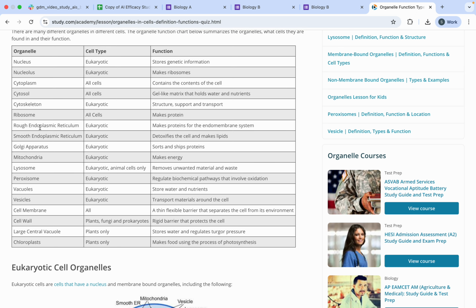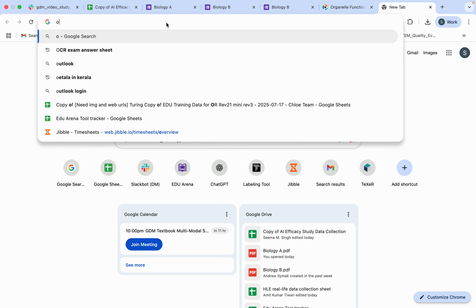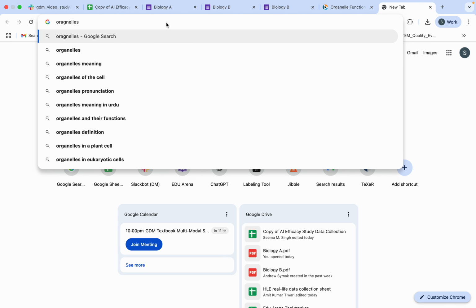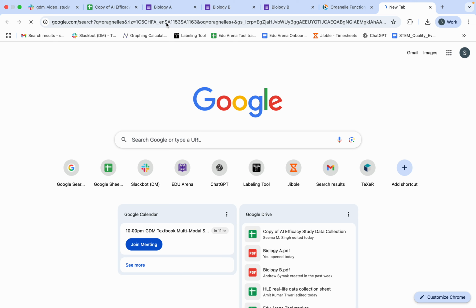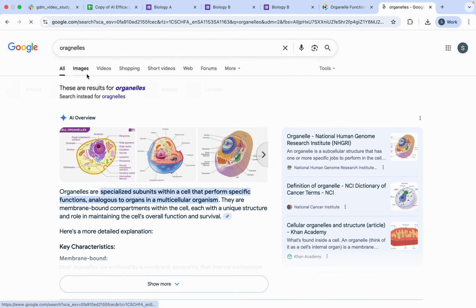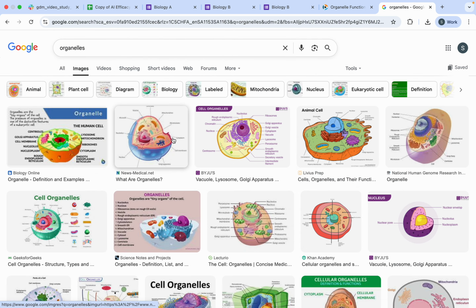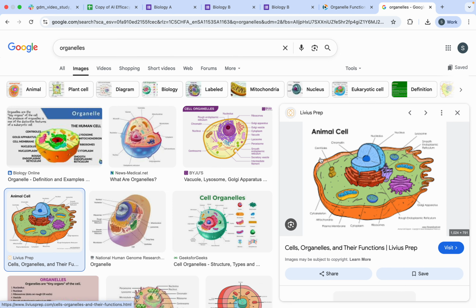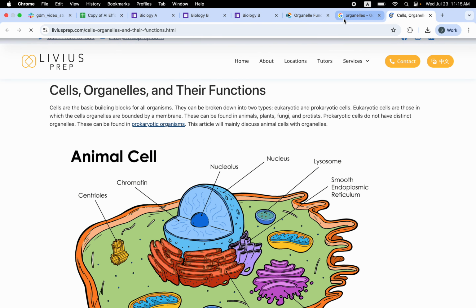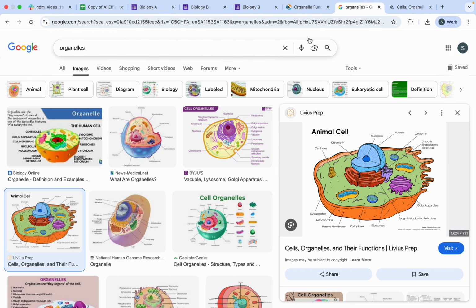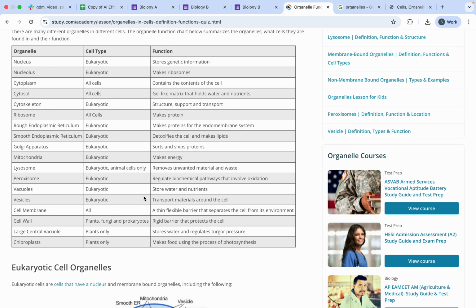Okay, so yes, so ribosome, it makes protein.